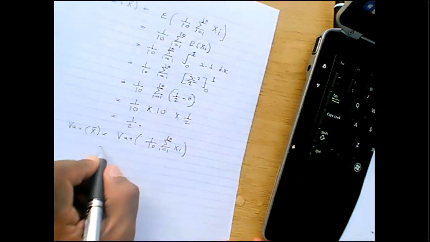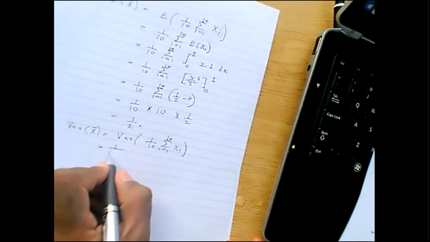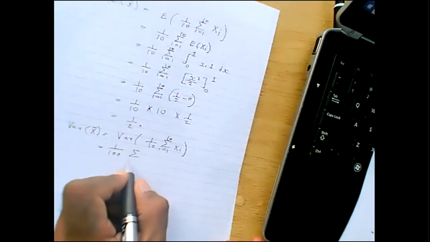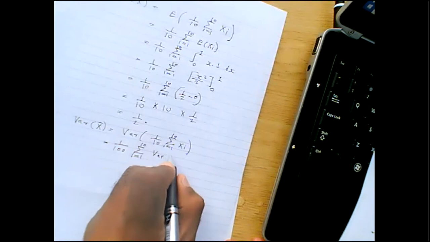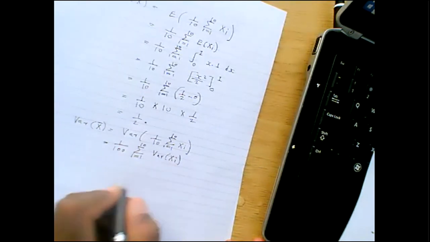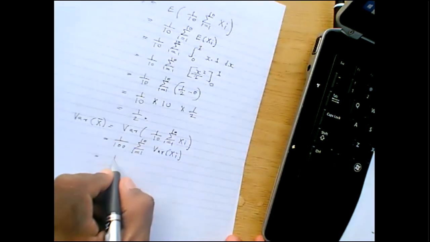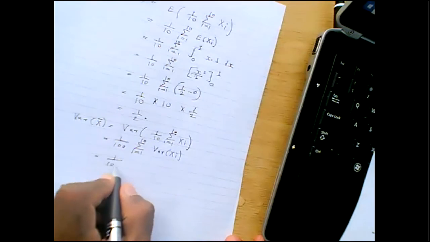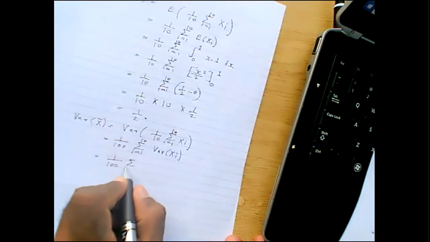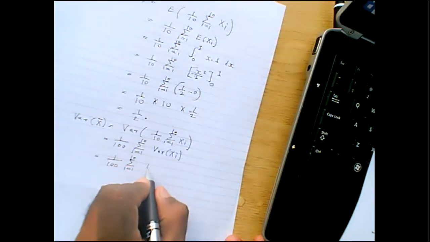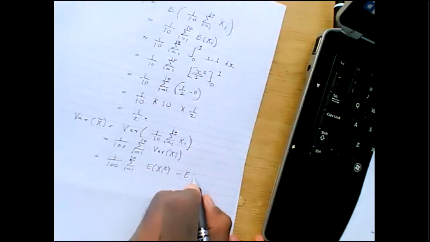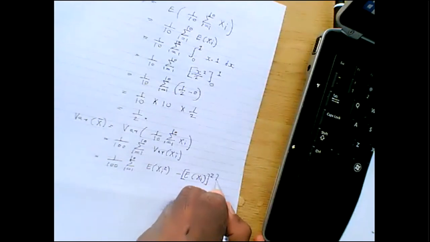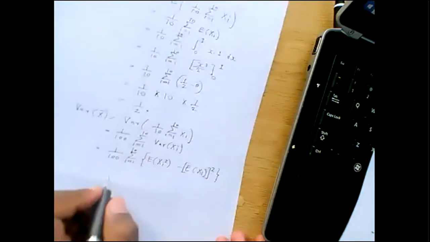Now taking the variance inside, 10 becomes 100. Now variance of xi, we can compute it as the expectation of xi squared minus the square of the expectation.